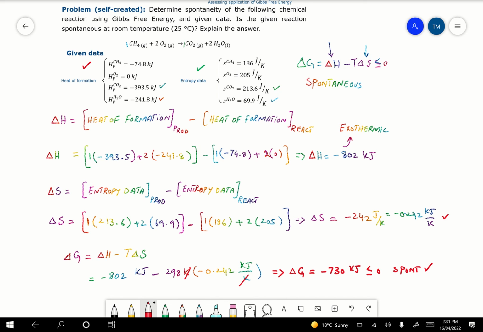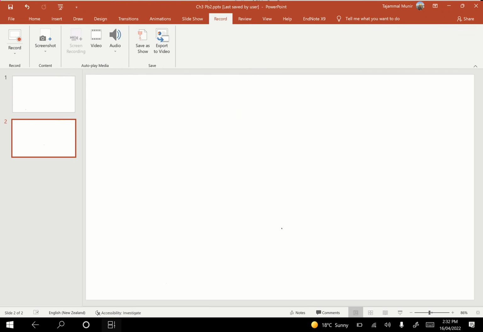It looks like the data either of CH4, or this one, which is 205 for O2, are not correct, because in the end the answer should be positive here. So entropy should increase and the process should be spontaneous. I hope this question is clear to you guys.